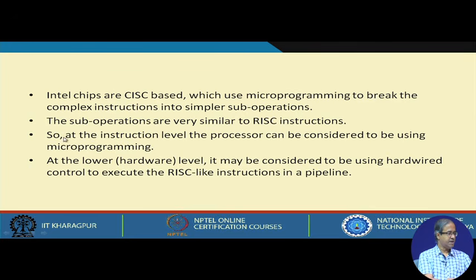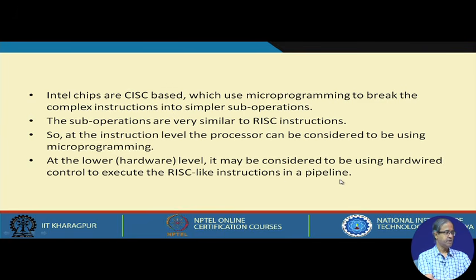So, at the high level, at the level of the CISC instructions, you can regard that we are using microprogramming. But after the instructions are broken up into this RISC kind of instructions, now at the lower level you may consider that we are using hardware control to execute those instructions in a very efficient and compact pipeline.